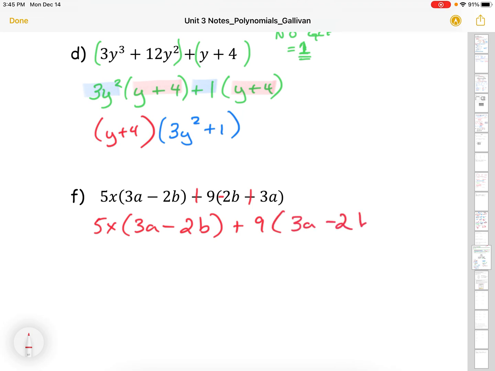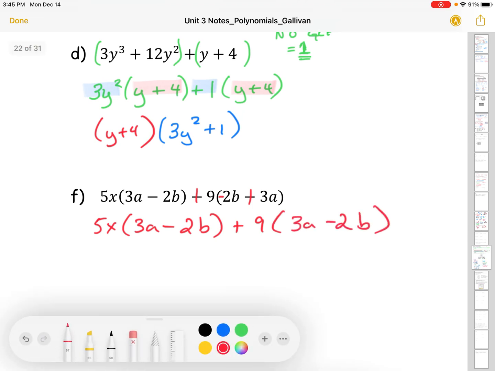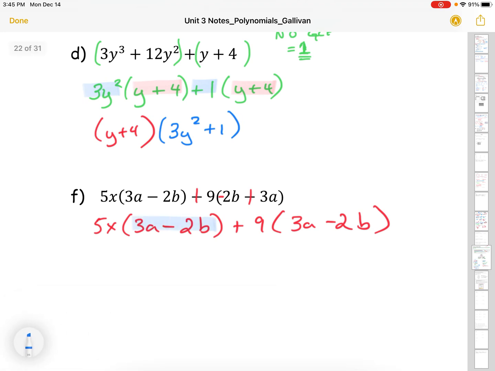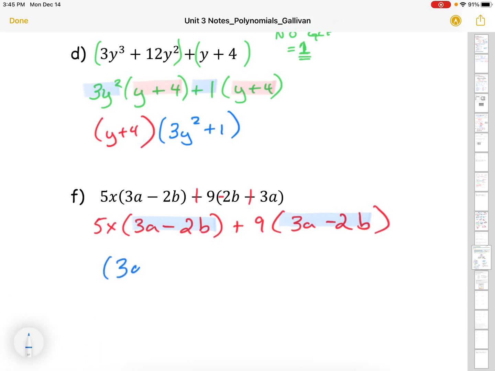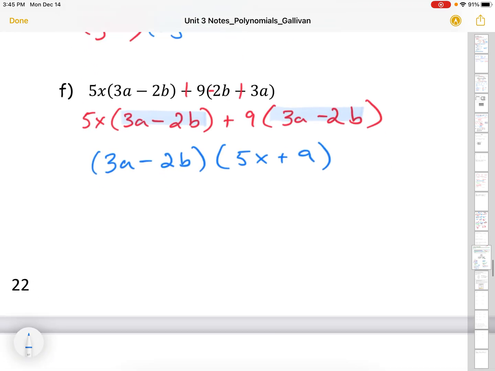Plus 9, 3a minus 2b, because that's what I want. So just be aware that you might have some times where they're the right terms, but they're the opposite signs, just factor out a negative. And that's what I did there. Now when we do this, we'll get 3a minus 2b times 5x plus 9.